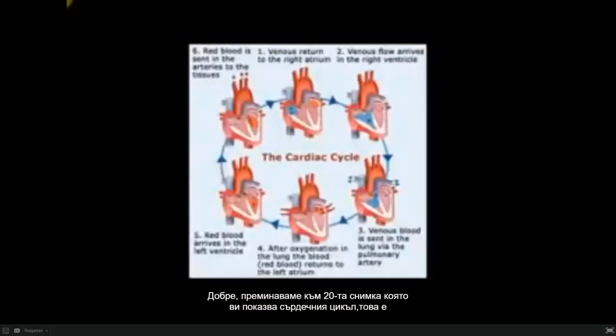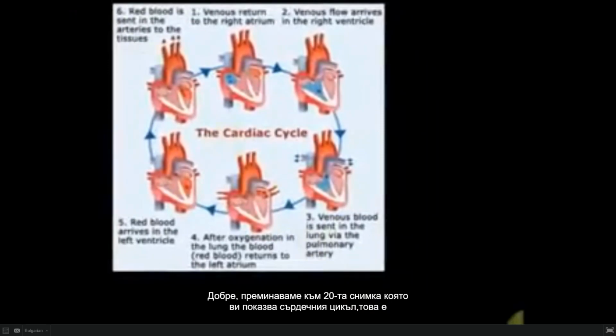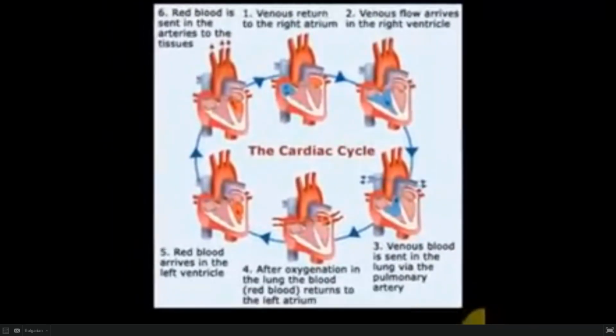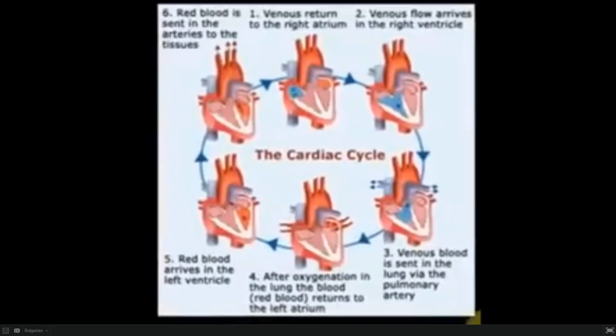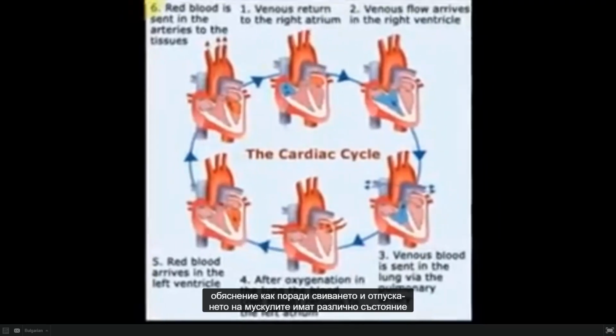Picture number 20 gives you the cardiac cycle. This is an explanation of how, because of the contraction and relaxation of the muscles, there are different states of the cardiac cycle.